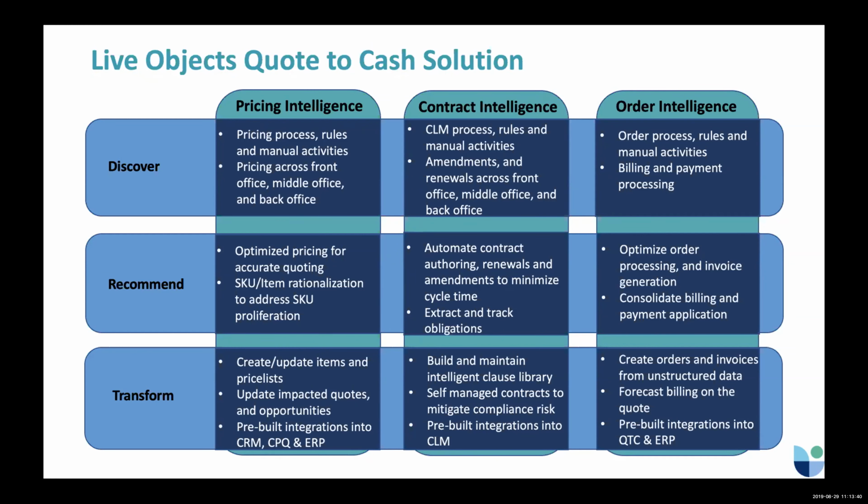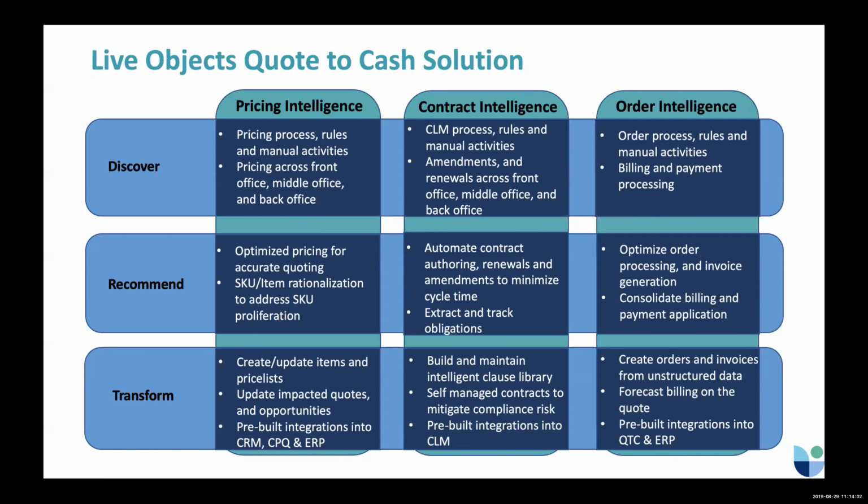So how is it different from typical BI applications, which say intelligence is data reporting and all? If I take pricing intelligence, it would look at what my pricing process is. How do I price a particular product or service? What are my pricing rules?